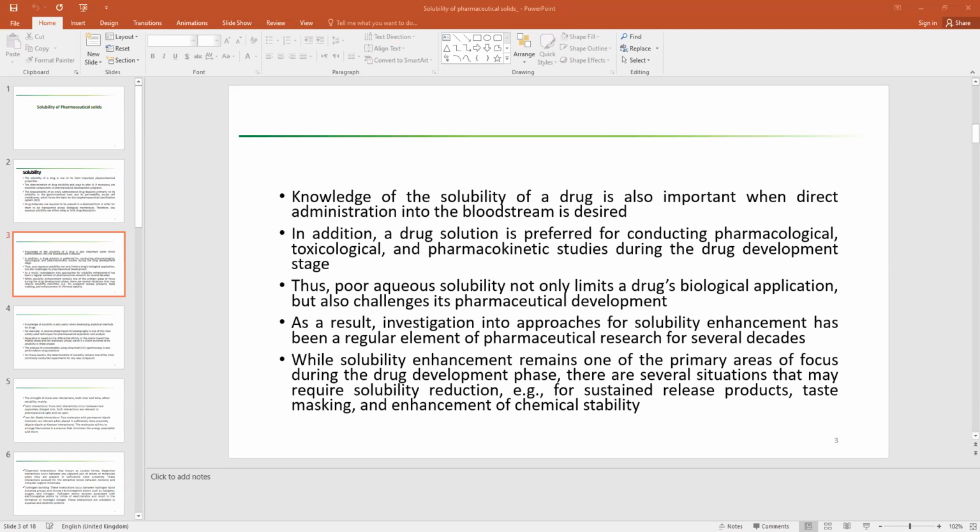Do you understand this? So, in general, different approaches to enhance solubility have been investigated as a fundamental pharmaceutical research step for decades. There are so many labs in different universities and research centers known for their expertise in this field.